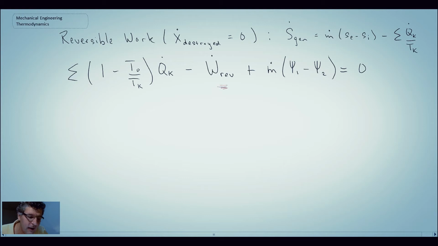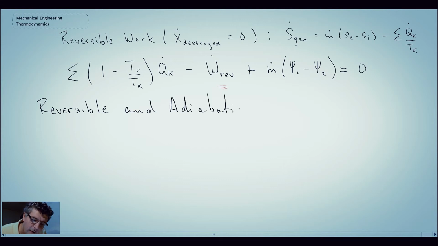Now making another approximation, let's say we have reversible, which we just said we have, and if I say it's adiabatic, if you recall, that was the term that we used for an isentropic process. So this is what would result if we have an isentropic process. And if it is adiabatic, that means the heat transfer is 0.